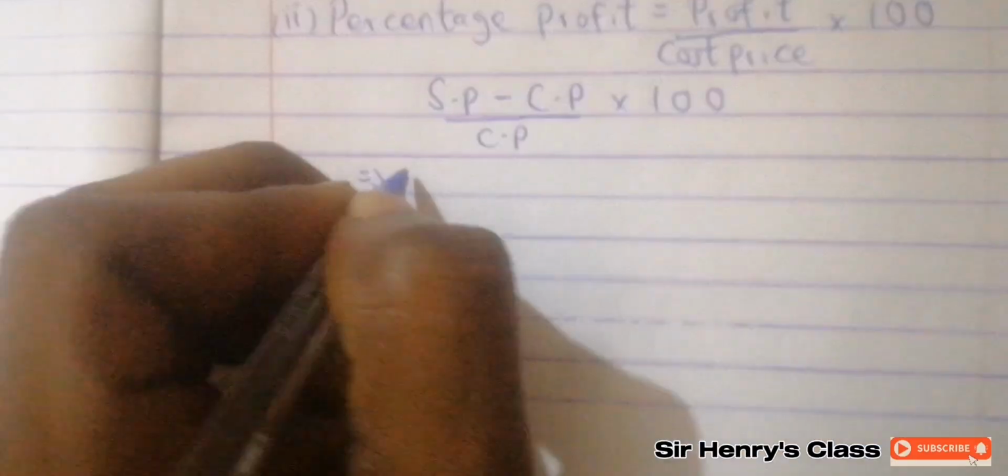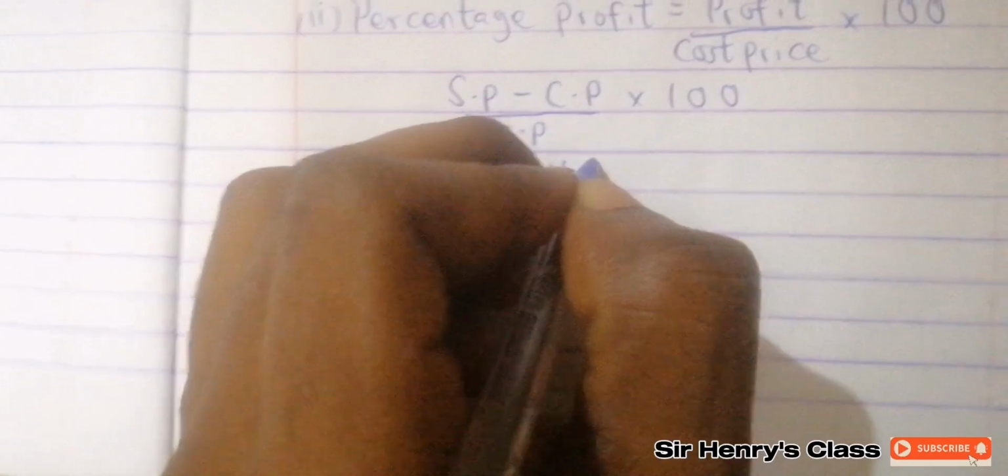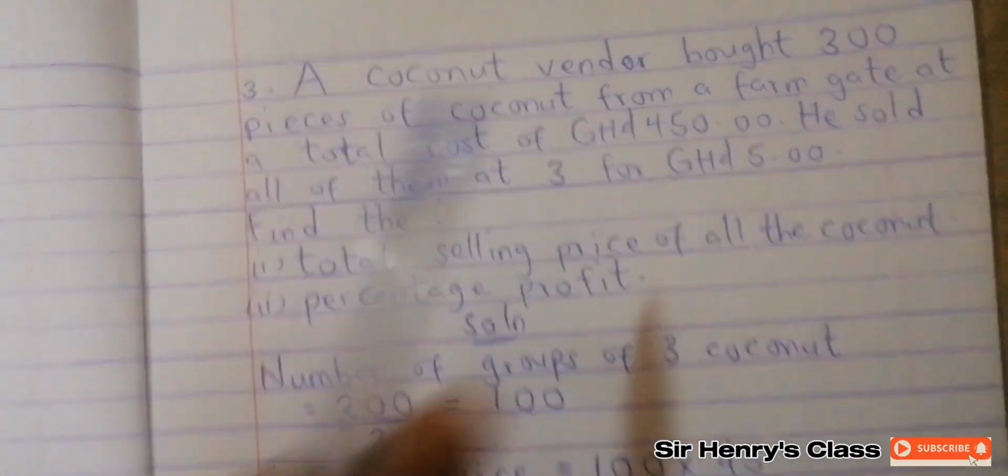Now here the selling price is 500. The cost price is 450. It was said in the question. Total costs. Good.